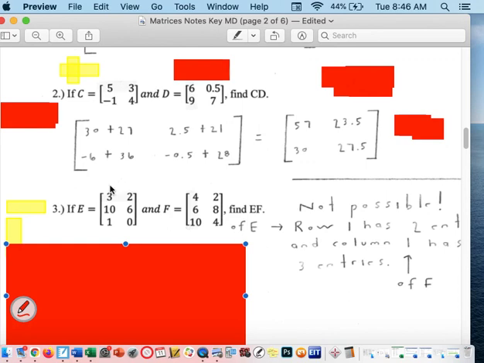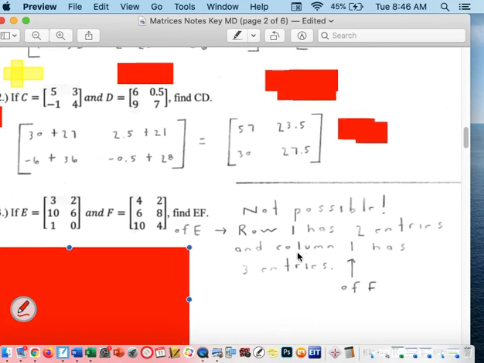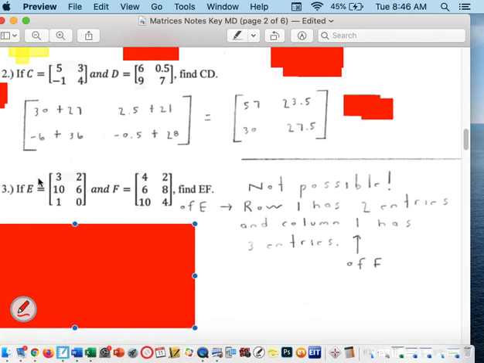Okay, so the number of rows has to be the same as the number of columns. If you're going to write this part, the number of rows must equal the number of the columns.